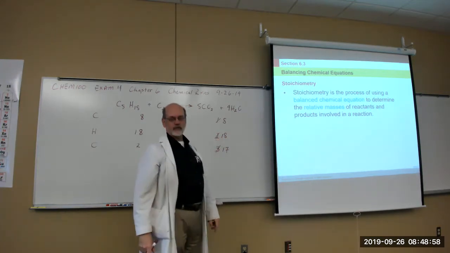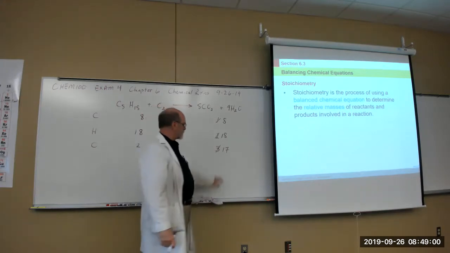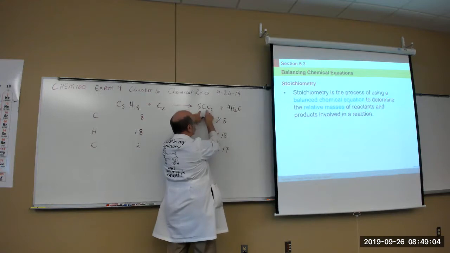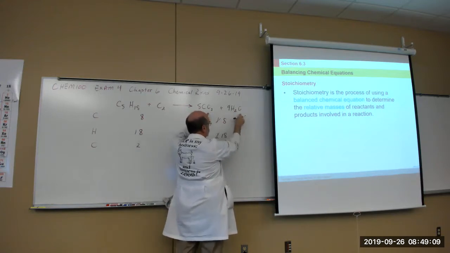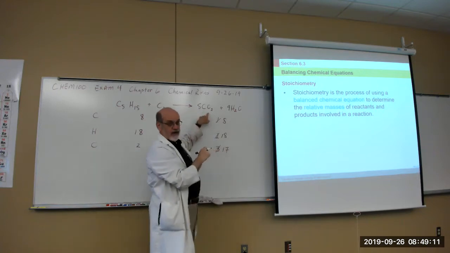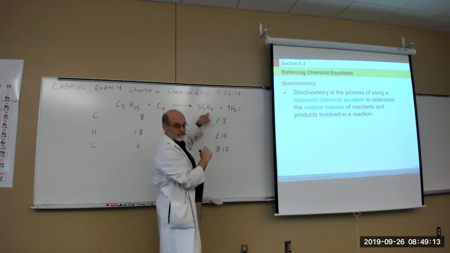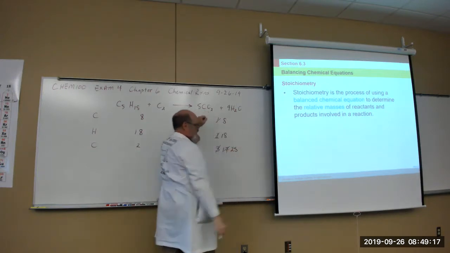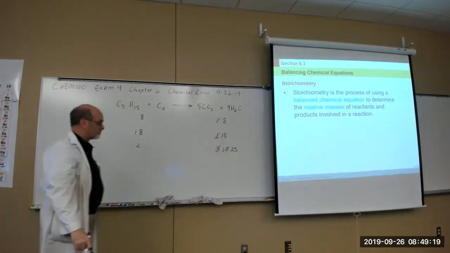No, you have to recount from scratch. You can't just add it to this. You got to count from up here. So we have 16 oxygens plus 9 oxygens. 25, right? Okay.